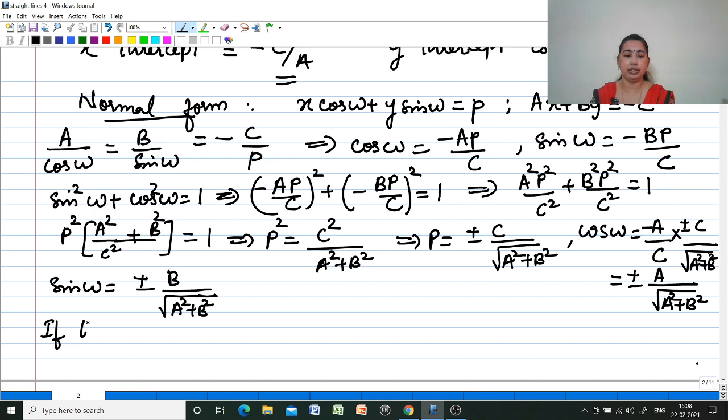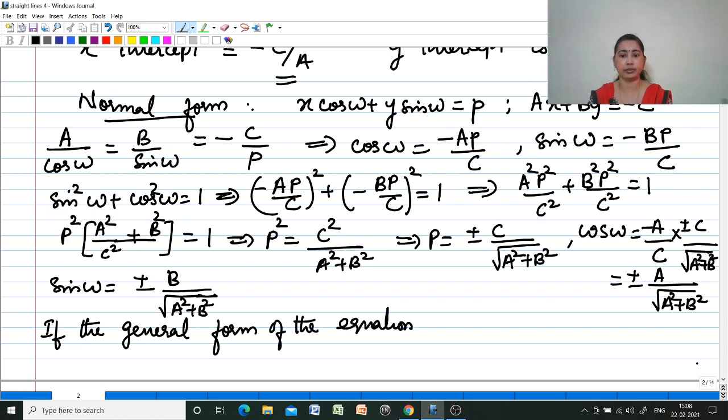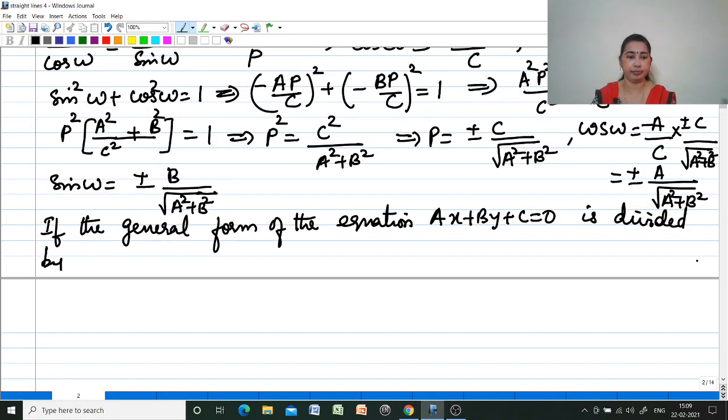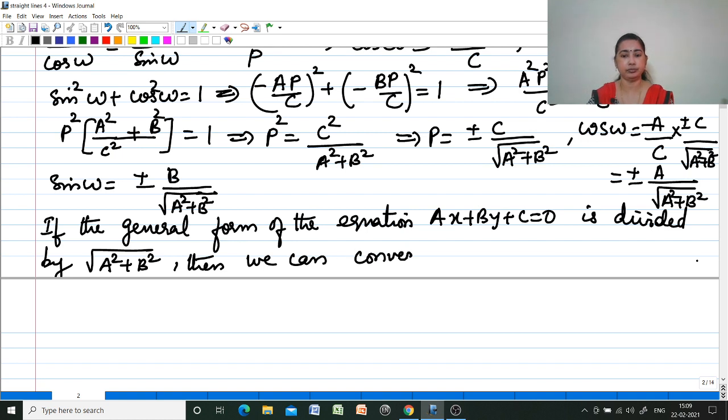If the general form of the equation ax plus by plus c equal to 0 is divided by root of a square plus b square, then we can convert it into normal form.